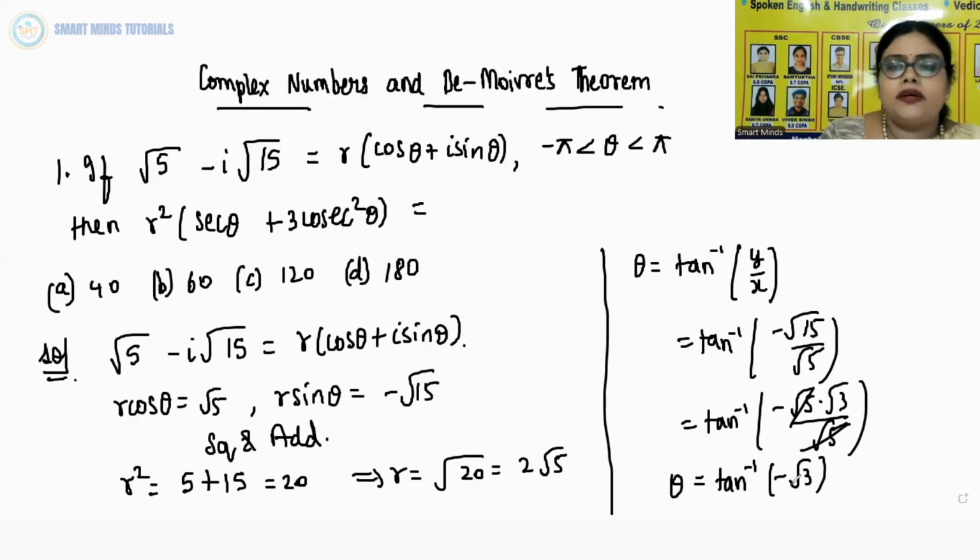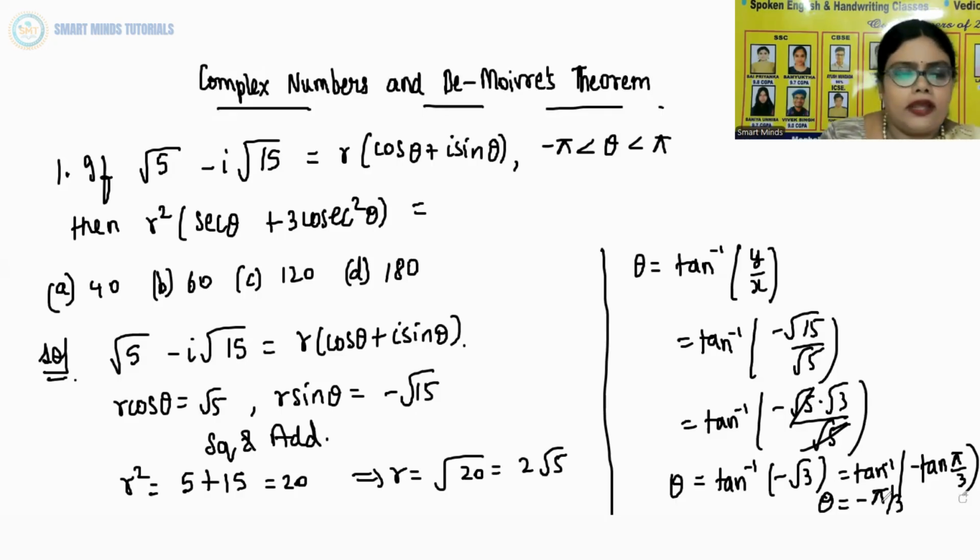So when is tan theta minus root 3? It is at minus 60 degrees. Minus 60 we can write as minus tan pi by 3, so tan and tan inverse get cancelled. That is minus pi by 3. So you got the theta value.